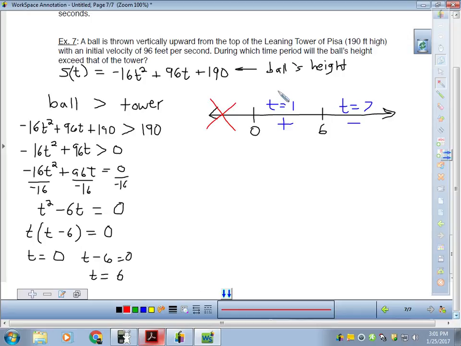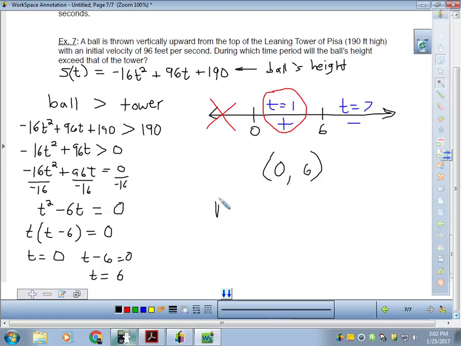So our positive interval is this interval right here. You want to see whether or not you include the endpoints. There is no equal to here, so we cannot include the endpoints. So this interval would be written as 0 to 6.